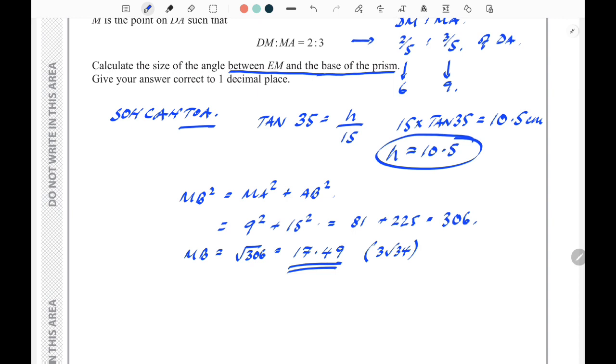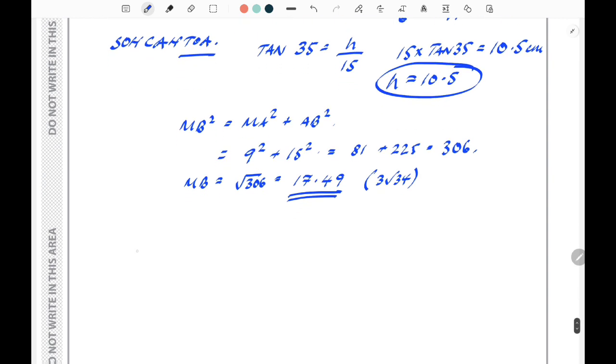Okay, so for our triangle that we were talking about earlier on now, we know the height is 10.5 and its base, the adjacent to the angle that we want, is 17.49, and this is the angle that we're after. Okay, so again, for that angle, this is the opposite and this is the adjacent. All right, so use tan again.